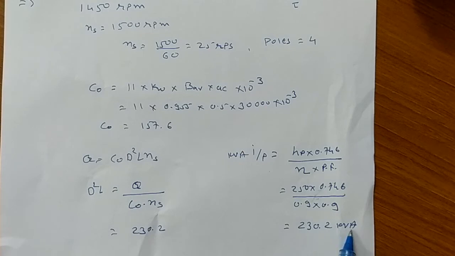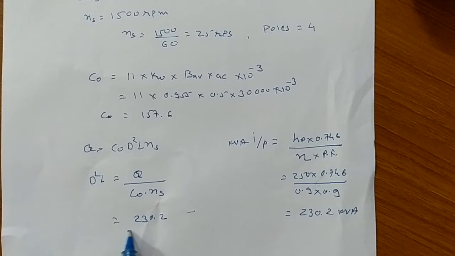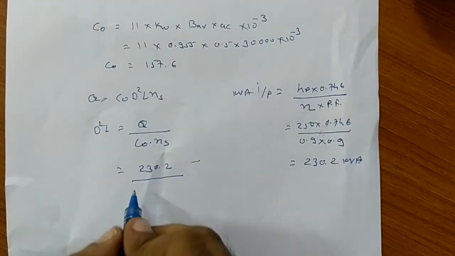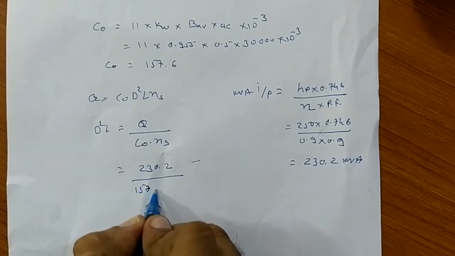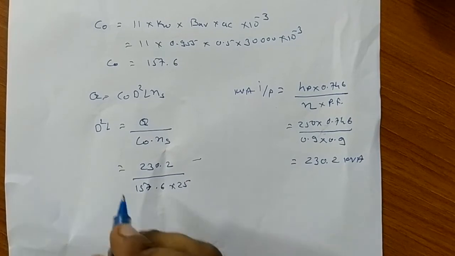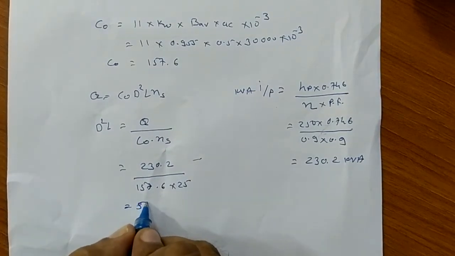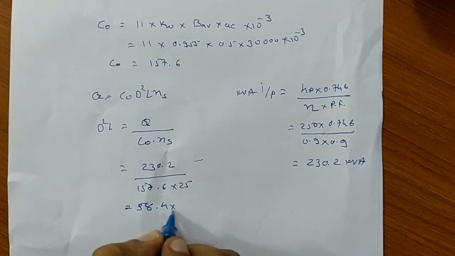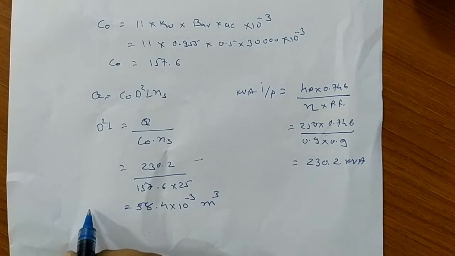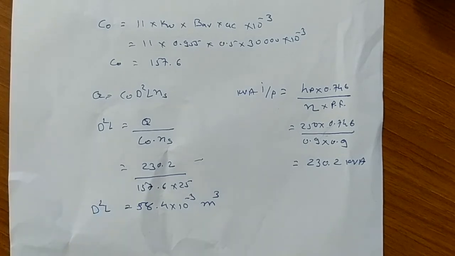You don't have to convert it into VA, so we are not going to multiply it by 10 raised to 3. So 230.2 divided by 157.6 into 25, that is the rps. If you calculate this, you will have the answer 58.4 into 10 raised to minus 3 meter cube. That is the value of d square L.